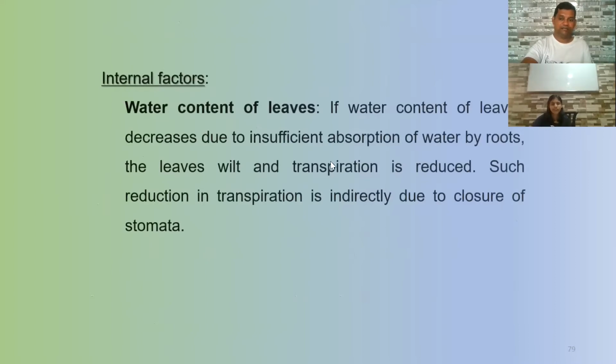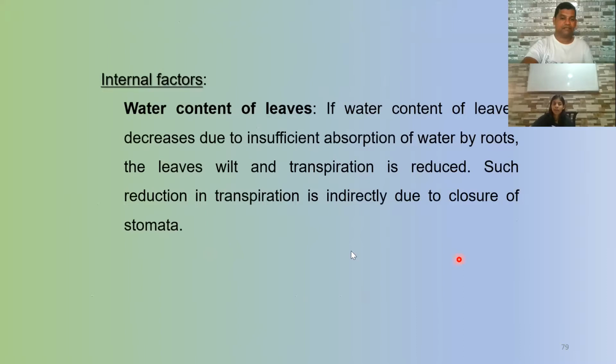Along with that, factors within the plant which can also affect transpiration. Internal factors. And वो एक ही है कि plant के अंदर कितना water content है. Insufficient absorption of water by the roots.